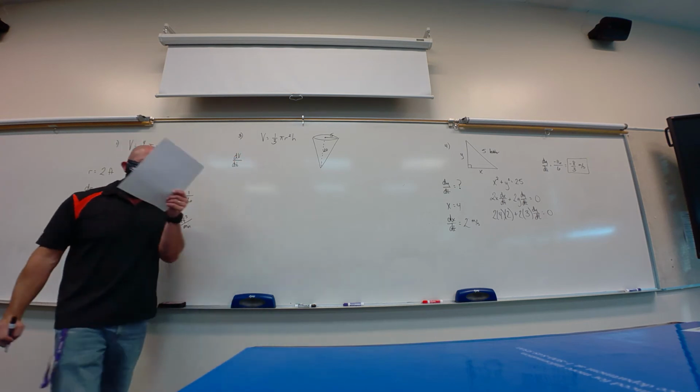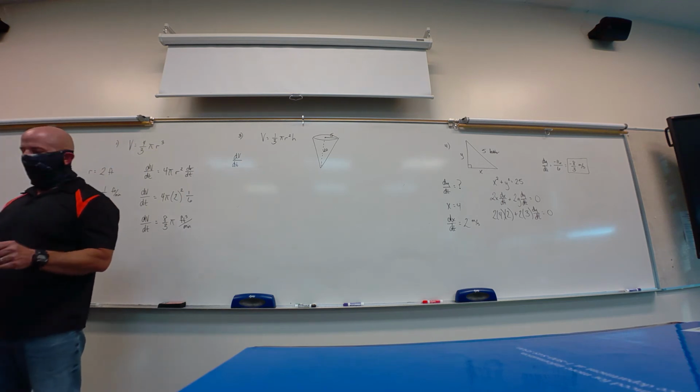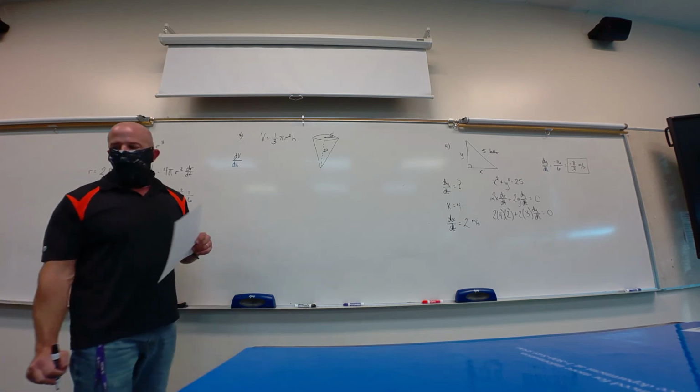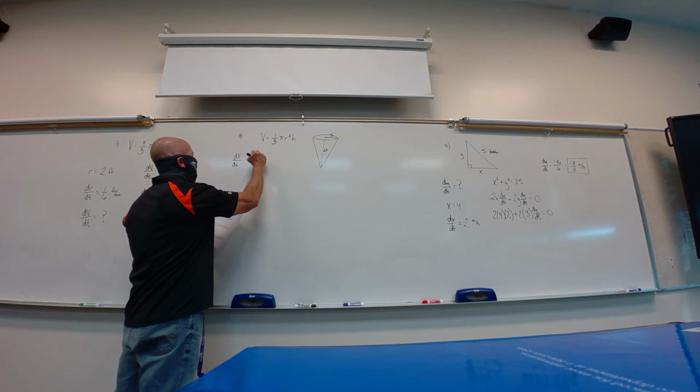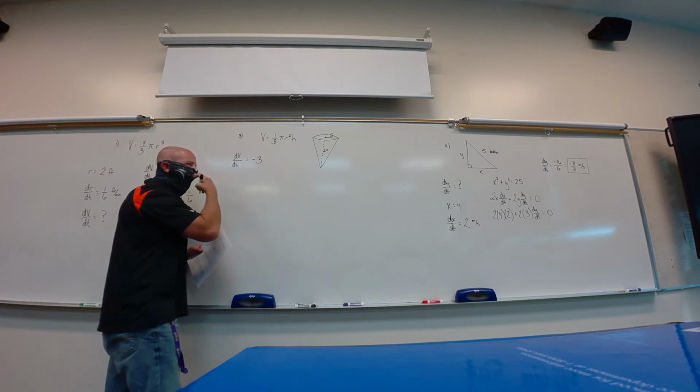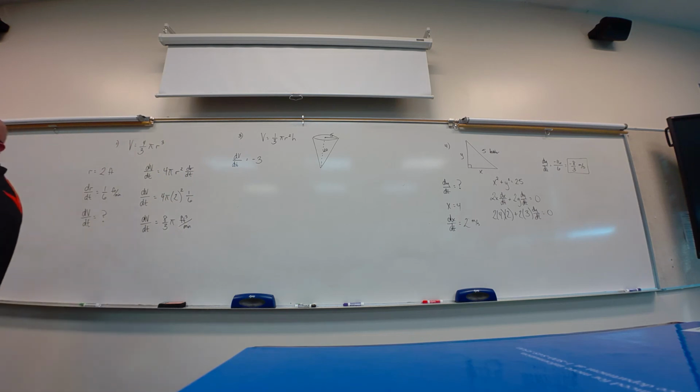Now what's the other clue, other than just the wording, that this is the volume rate? Cubic feet. There's that clue. So I've got the water running out at 3, so dV/dt is -3. Why negative? Running out, so the volume's going down.